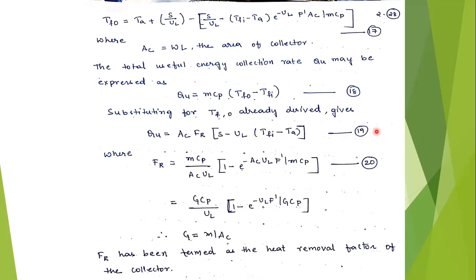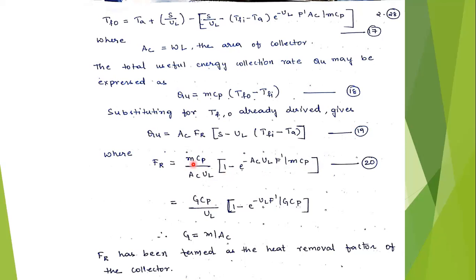This is the 19th equation, where the term Fr is called the heat removal factor of the collector, and this is defined as Fr = (m Cp / Ac UL) (1 - e^(-Ac UL F' / m Cp)).